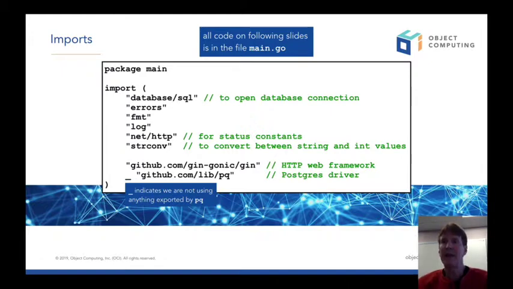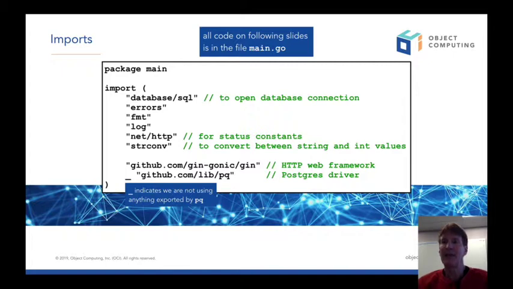The database/sql package is used to open a database connection. The errors package is used to create objects that describe errors. The fmt package is used to create SQL statement strings. The log package is used to output a fatal error if we cannot connect to the database.